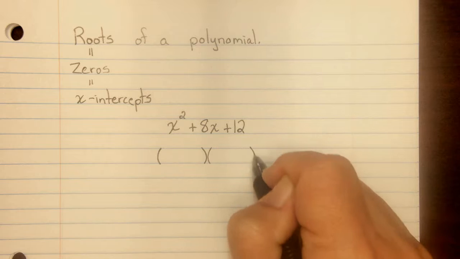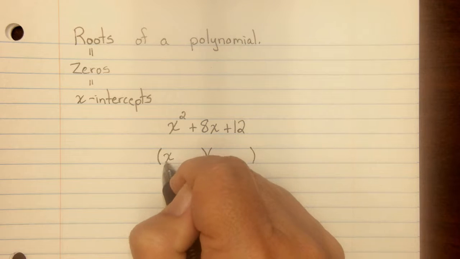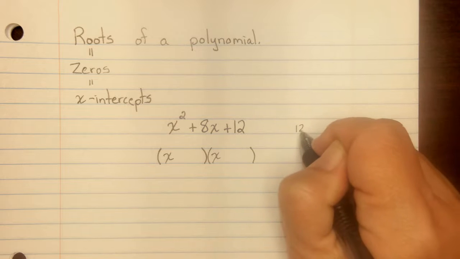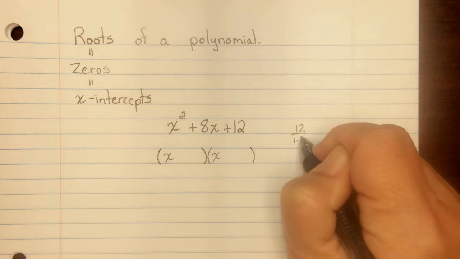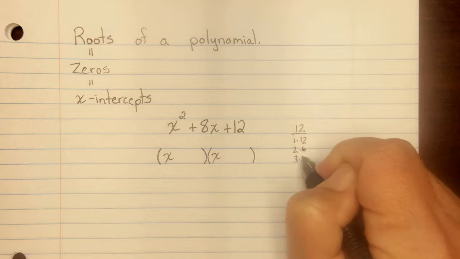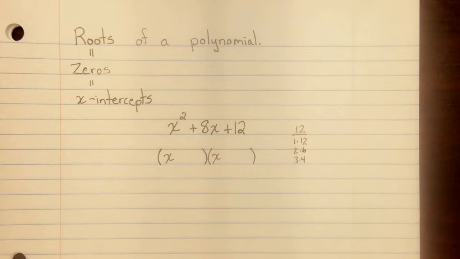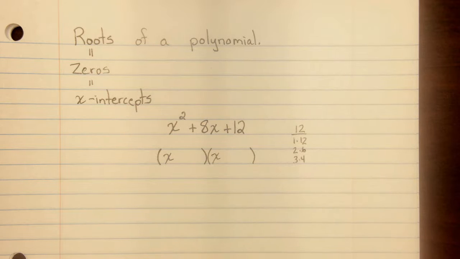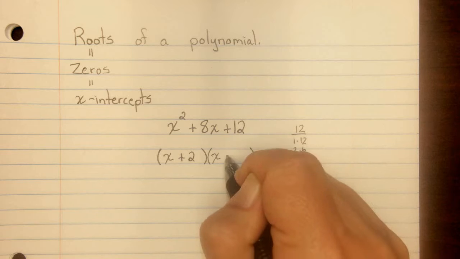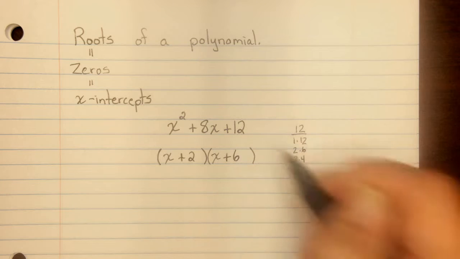So we'll factor this. X times x. We'll need the factors of 12. 1 times 12, or 2 times 6, or 3 times 4. But since we need to get an 8x in the middle, it will be x plus 2 times x plus 6.